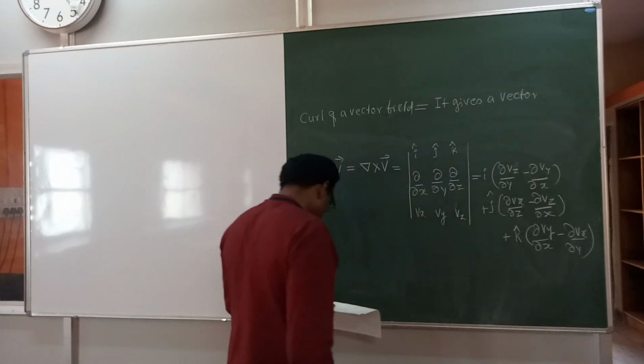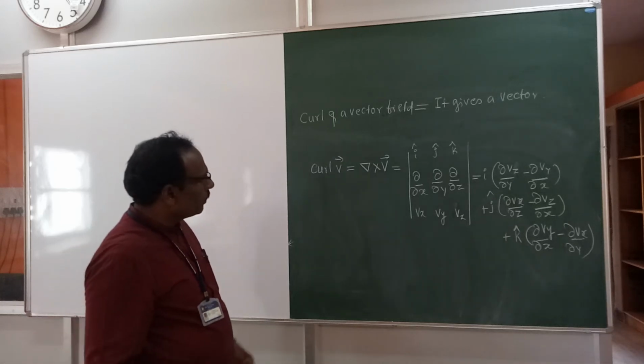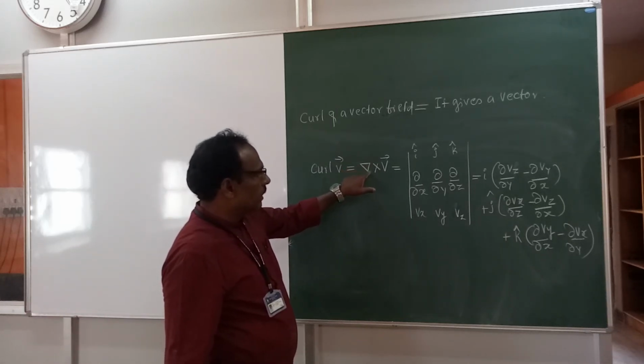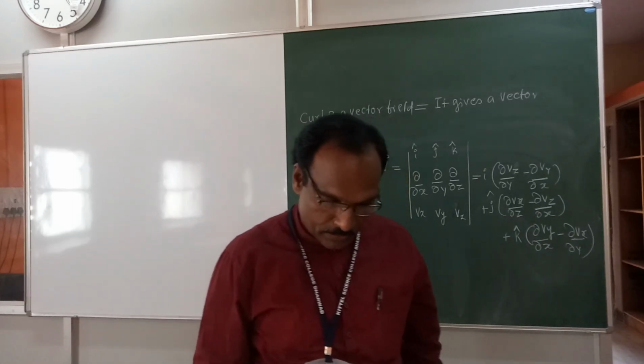Check this. Note that curl of a vector is a vector. It is denoted by del cross V. V cross del is different.